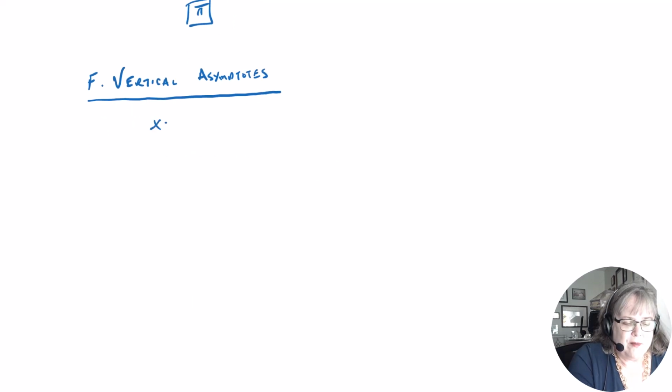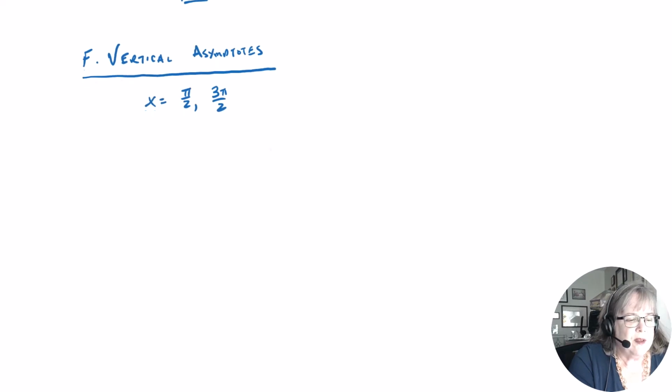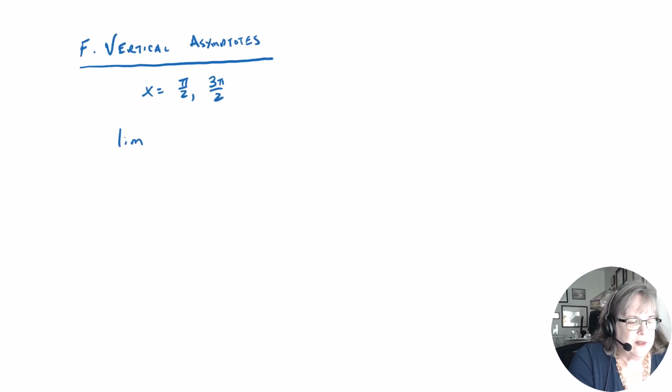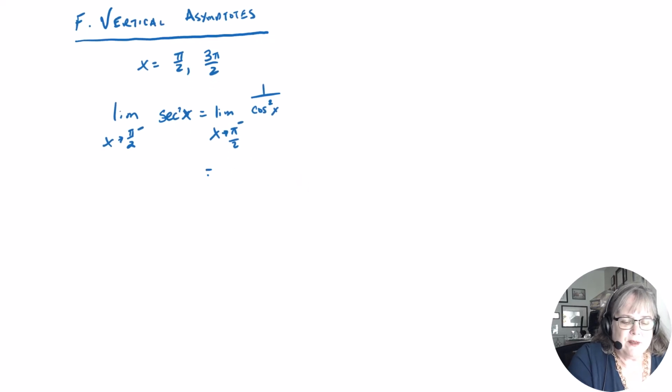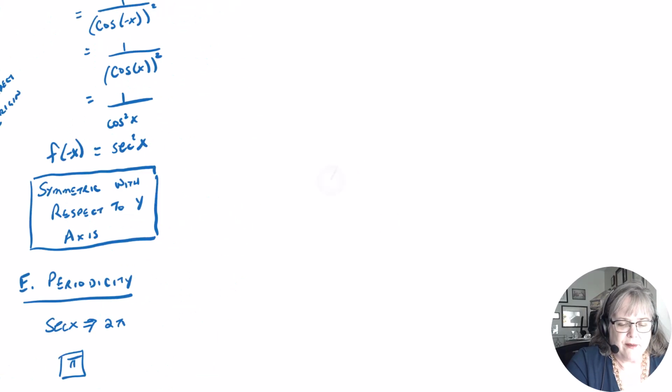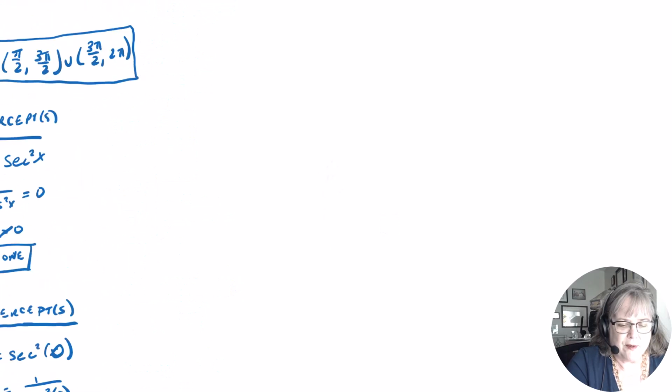Now, we had them for our little interval, pi over 2 and 3 pi over 2. So let's talk about the limit as x goes to pi over 2 from the left for secant squared. This is actually equivalent to the limit as x goes to pi over 2 from the left of 1 over cosine squared x.